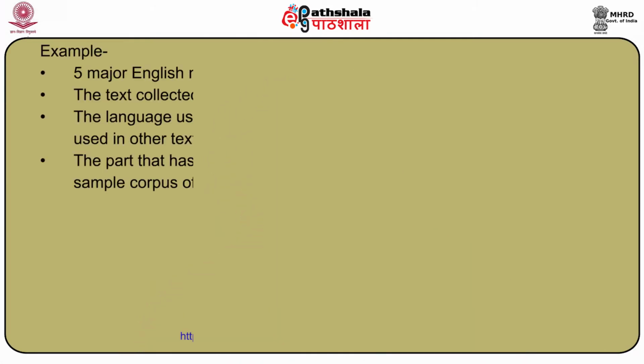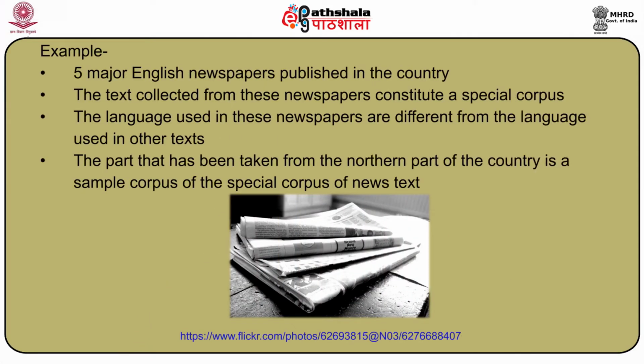Suppose there are 5 major English newspapers published all across the country. So the texts collected from the major English newspapers in India constitute a special corpus, because the language used in those newspaper texts is actually different from the English language used in other texts.